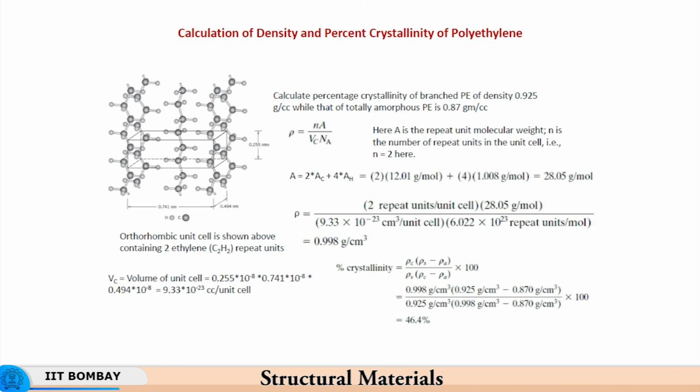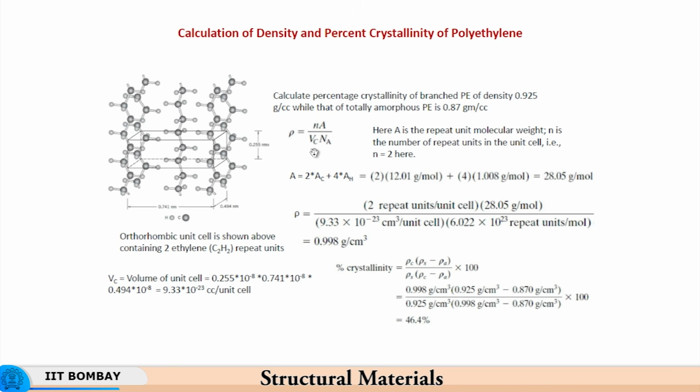So the same fundamentals as we applied from our crystal structure in metals are being applied here. So you have the density as N into A, where Na is the Avogadro number, and Vc is the volume of the cell. Sorry, A is the atomic weight, and Na is the Avogadro number of atoms. Vc is the cell volume. So A is the repeat unit molecular weight.